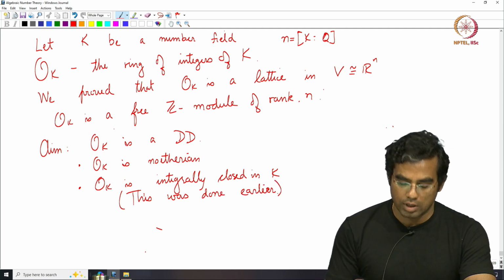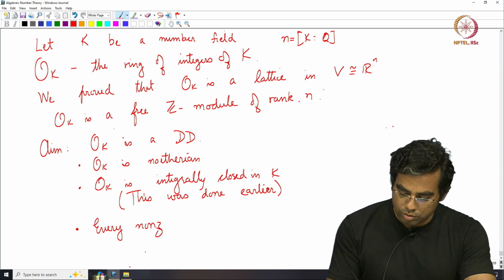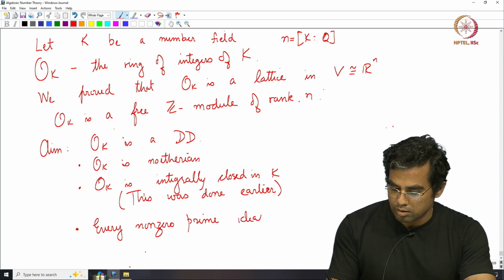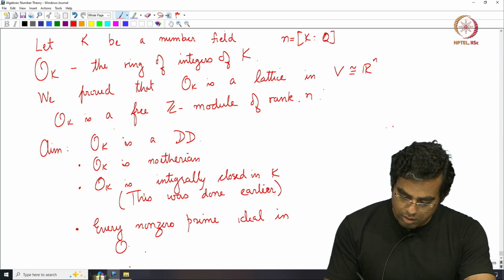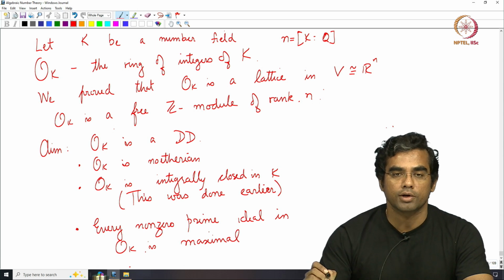So, I do not need to do that, and then I need to show that every non-zero prime ideal in OK is maximal. Okay. So, these are three things, and the second one we have already shown.